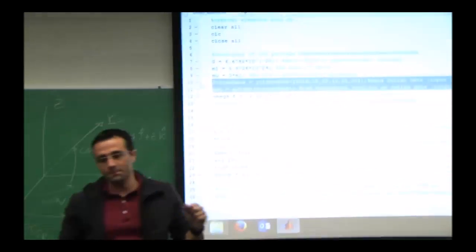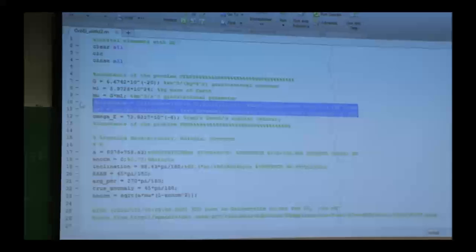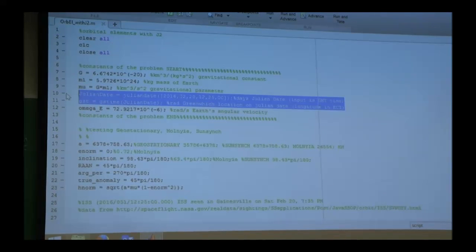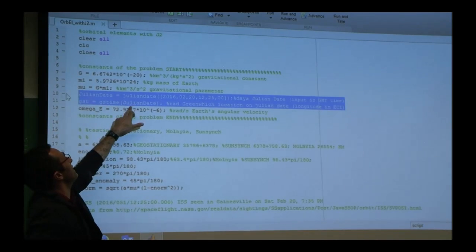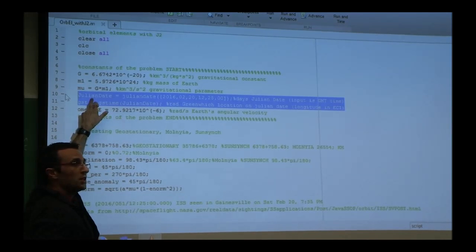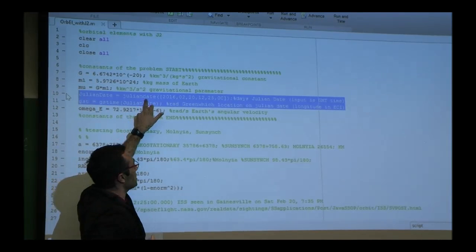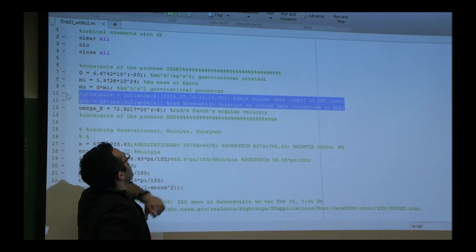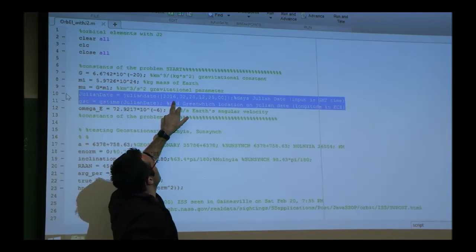Julian date is actually a number that tells you how many days have gone by since a certain day which occurred 4,700, I don't know how many years before Christ, believe me or not. That's what they do. So before I'm able to input a Julian date in this function, I have to compute the Julian date. And there is another function to do that, which again is given to you. You can just use it. You can look inside of it. It's really not a big deal.